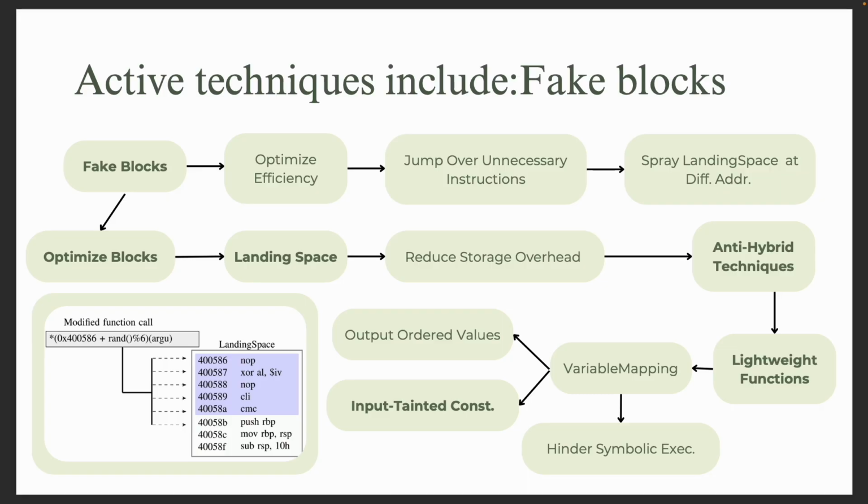There are contents whose value depends on the program's input, making it more challenging for symbolic execution engines to determine their value, and thus hinders symbolic execution, as depicted in the diagram. In essence, NoFuzz strategically combines these active techniques to efficiently counter fuzzing attempts while minimizing performance and storage penalties.